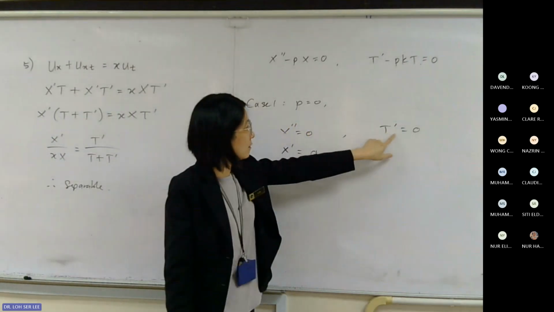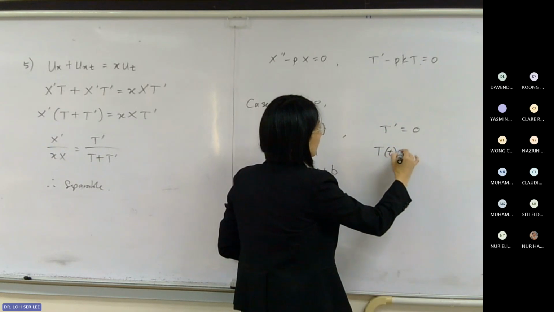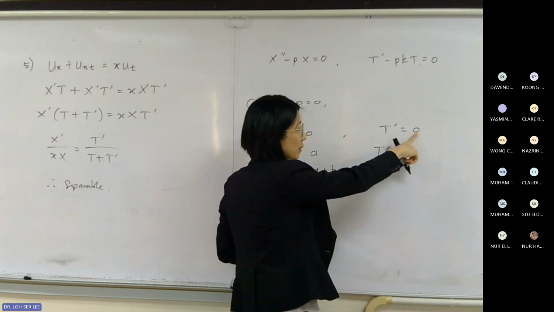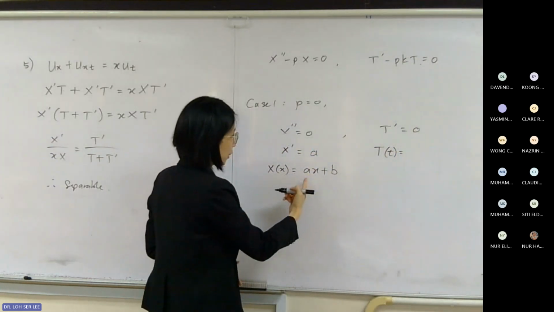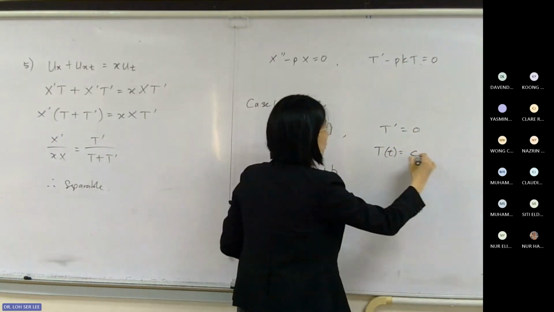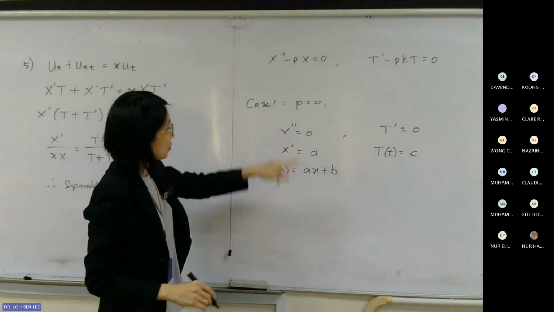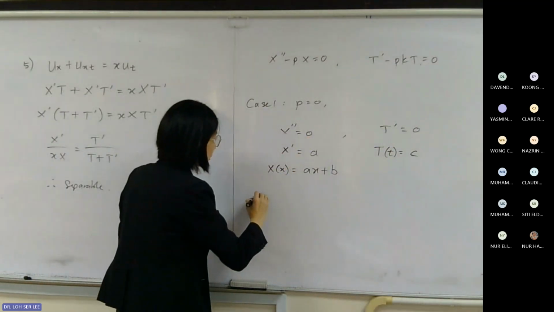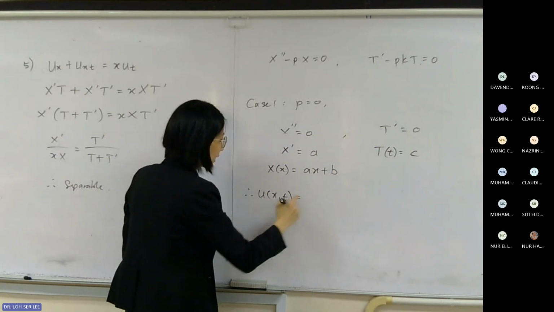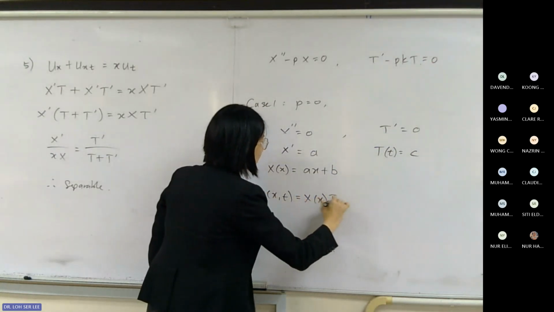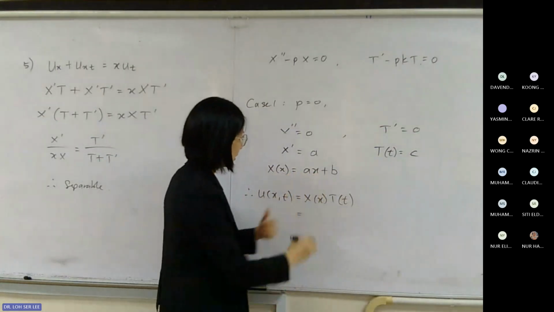And another one goes to this one. When we want to get the t, that means we integrate this with respect to t. So we get a constant, but we have already used a and b, so here we use c. Remember u(x,t) is your solution, and your u(x,t) is actually x times t.